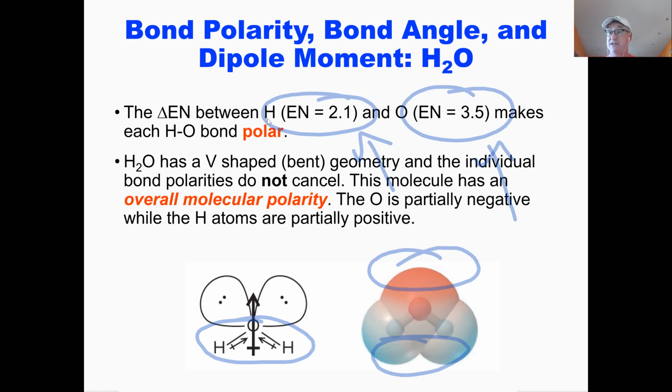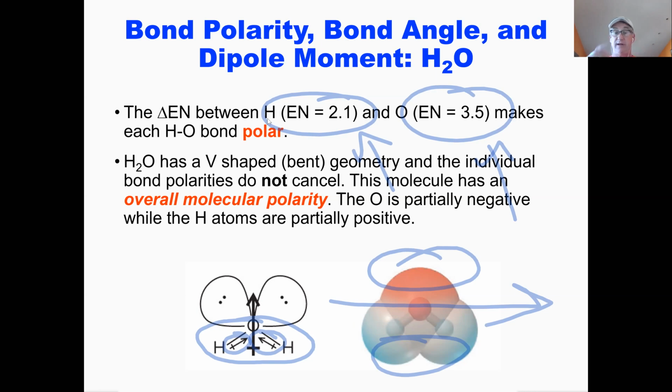It's symmetrical in one plane. If we look at it straight down, it's symmetrical that way. But if we look at it through this particular axis, it's not symmetrical. A completely symmetrical molecule has to be symmetrical no matter which way you look at it. Water doesn't count. So we have these two bond dipoles, both pointing towards the oxygen.